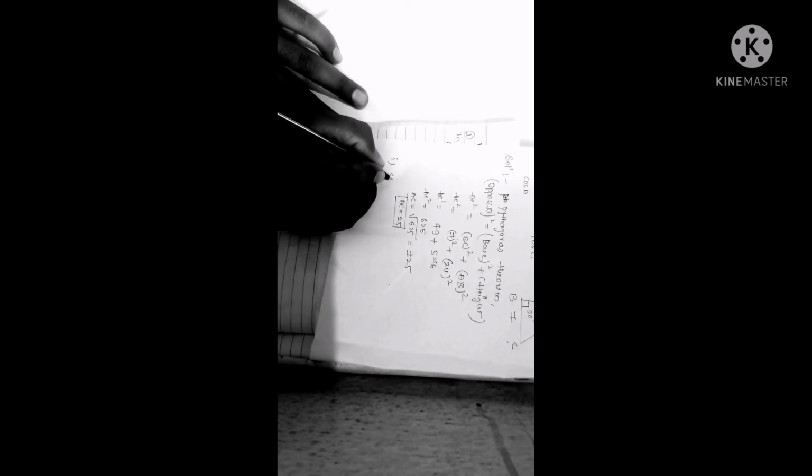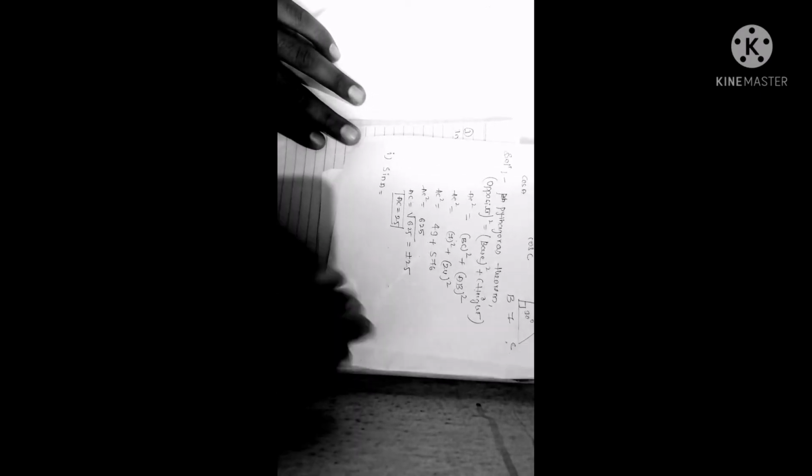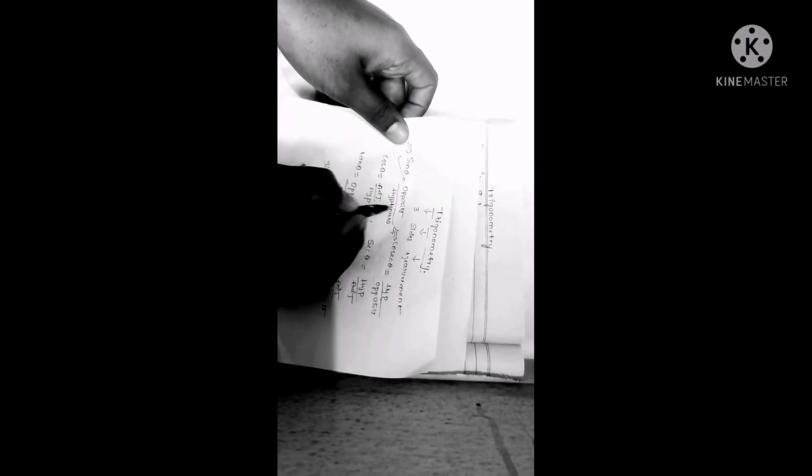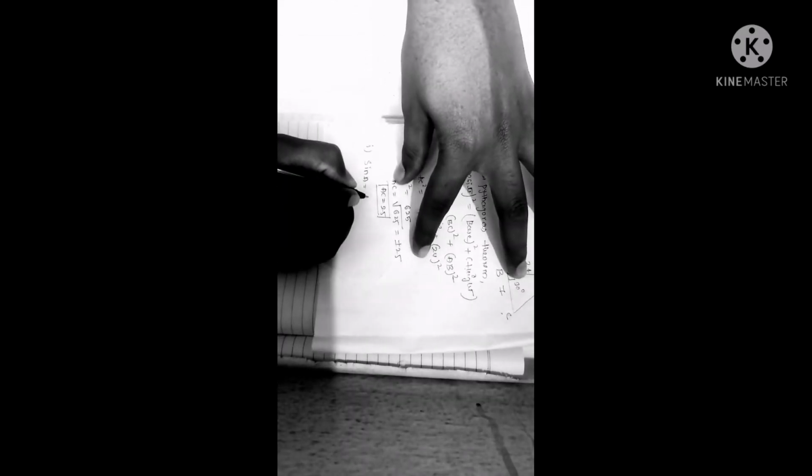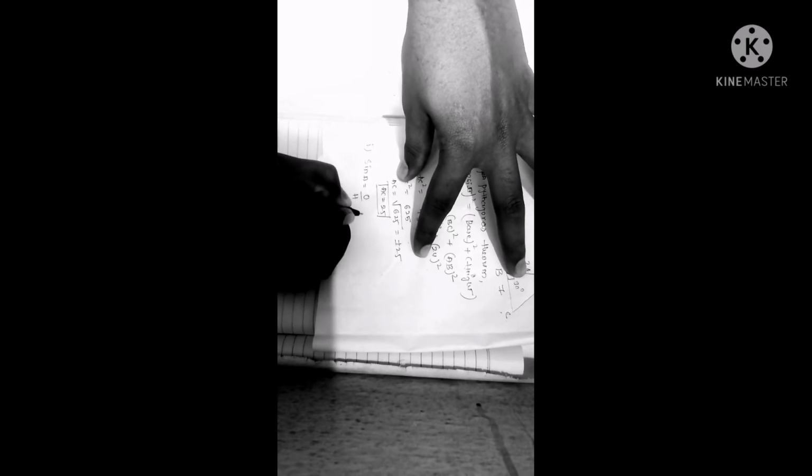Got it? Next, first find sin A. What is sin A? Sin A is opposite by hypotenuse. Opposite for which angle? For angle A, the opposite is BC. Hypotenuse for angle A is AC.